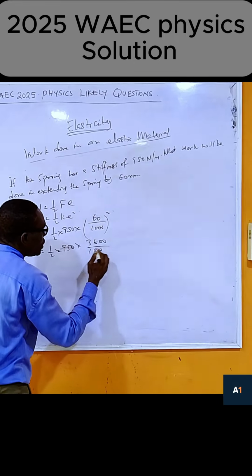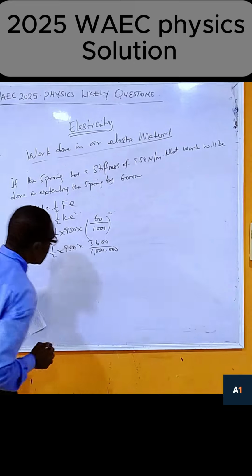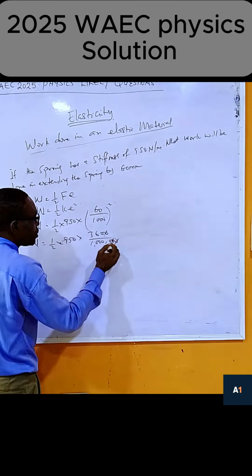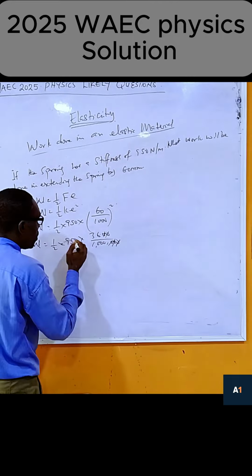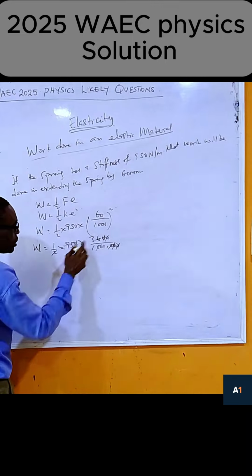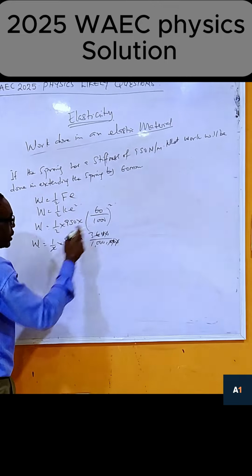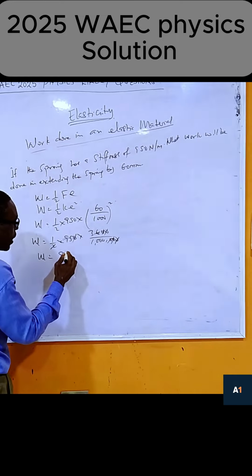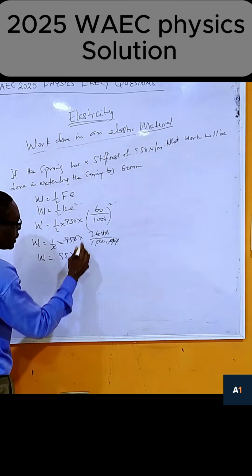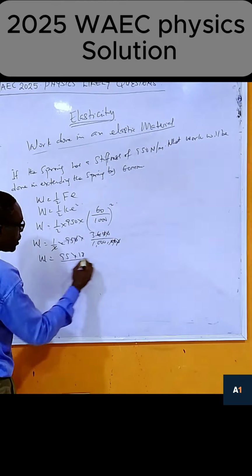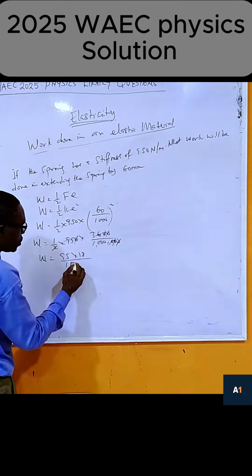This will be 1 million. So definitely this one cancels this, this one cancels this. Work done equals 95 times 18, all over 1000.